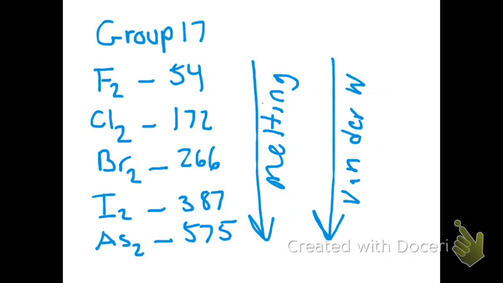So the van der Waals. Right? Now, why are the van der Waals forces increasing? Well, it's due to the size of these atoms. All right? What we find is that the larger the atom, the stronger the van der Waals forces are.